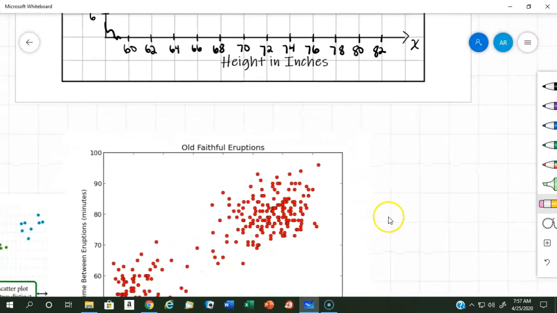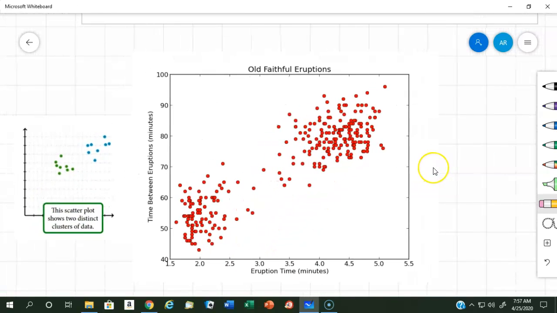Another idea that we have is that we get clusters of data, and that can be interesting. Here we have sort of a generic relationship. It doesn't give me any idea what variables they were comparing, but you can see that there is definitely a cluster of higher values with a bit of a break. I found this one about Old Faithful eruptions in Yellowstone.